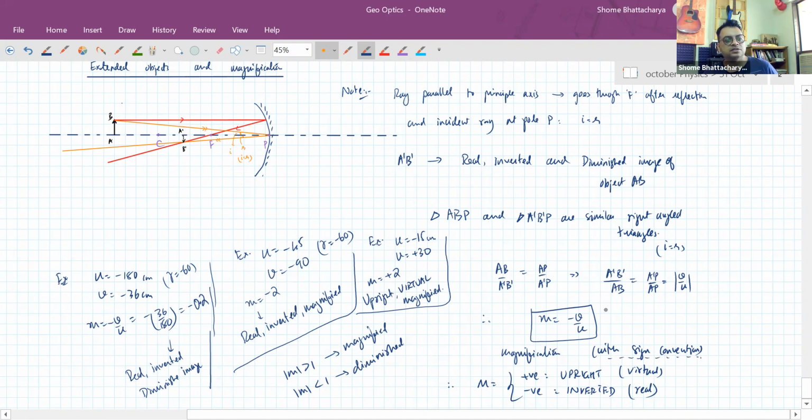Whereas mod of m tells you whether the size is greater or smaller, but the algebraic sign being plus or negative tells you whether it is upright or inverted. So always real is inverted and virtual is upright. That is the idea. Yes, understood this now?